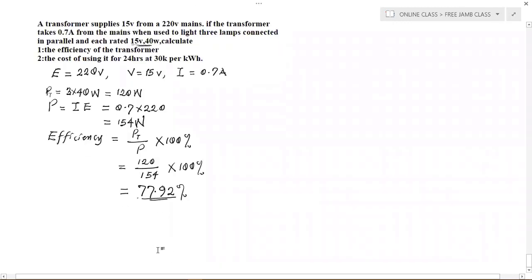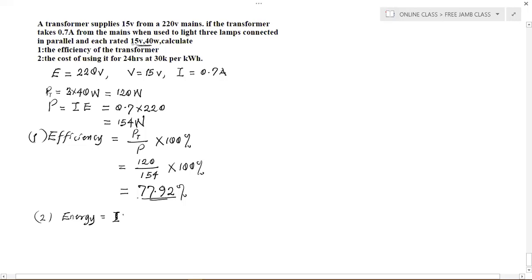That's number one. Number two is that they say, what is the cost for running it for 24 hours at 30 kobo per kilowatt hour. So now let's look at the energy produced here.